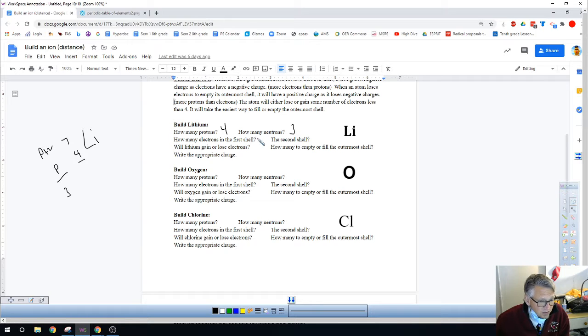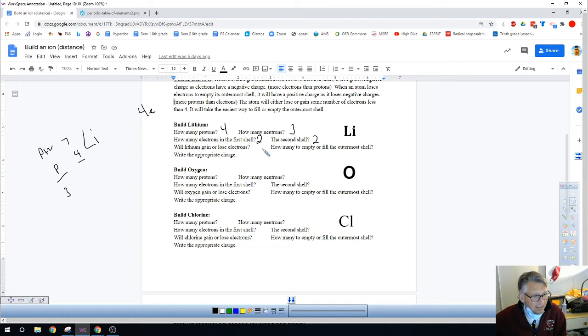How many electrons in the first shell? Well, if we have 4 protons, that means we have 4 electrons. And the first shell has 2 because it can only hold 2. So if 2 are in the first shell, then that means 2 need to be in the second shell. Will lithium gain or lose 2 electrons?